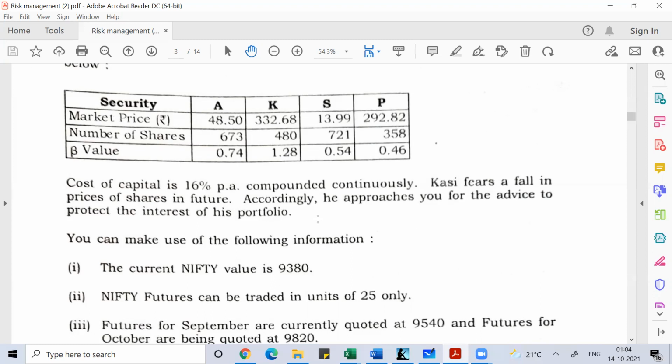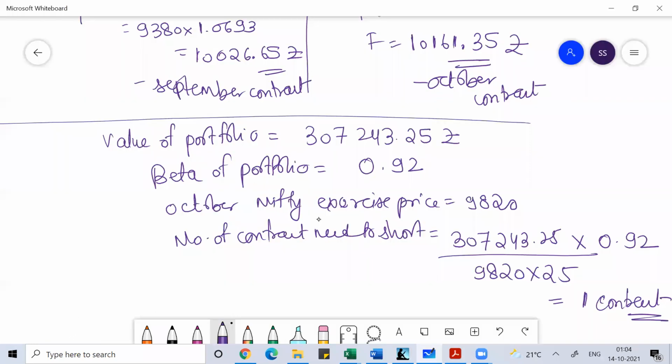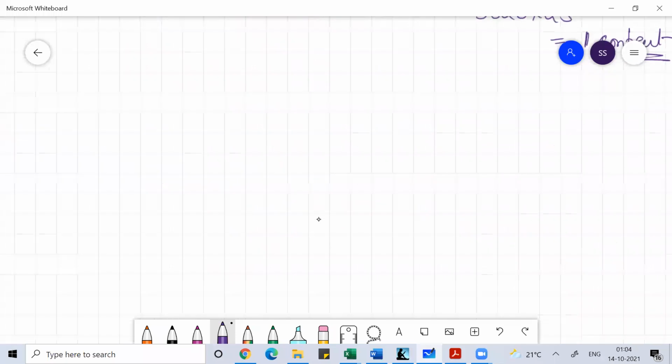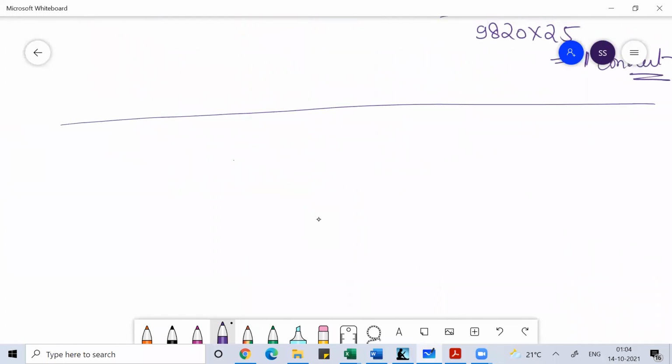So initial margin is a concept like a collateral which both long and short position holders pay to the exchange whenever they get into the futures contract. So you can understand.